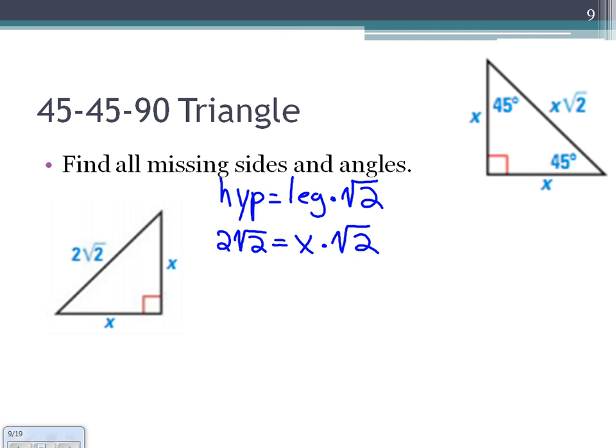And why do we divide by square root of 2? Because we want to get what by itself? X. Good. So do it to both sides. What do I get left with on the left side? 2. This cancels. I just get 2 equals. So therefore these two must both be 2.